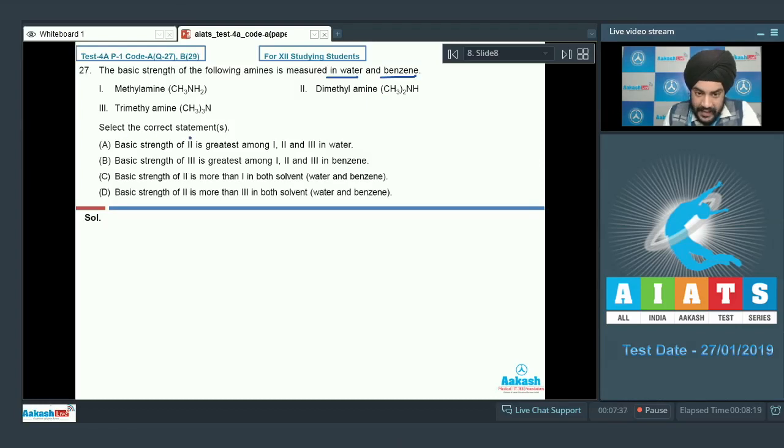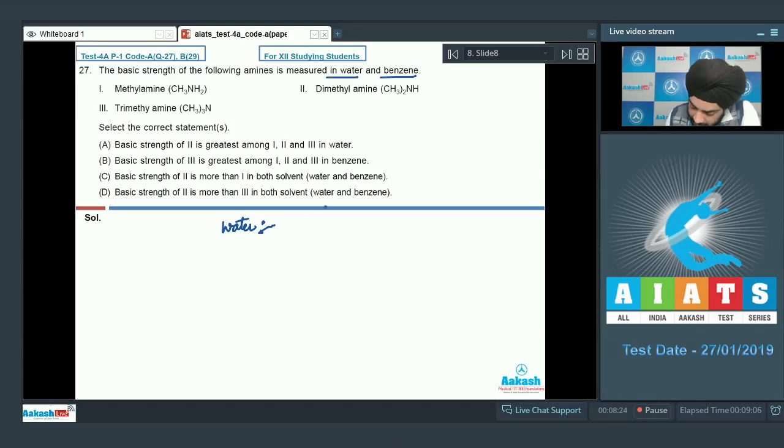We have to select the correct statements. We can probably first talk about the basic strength of these given amines in these solvents and then we can look at the options. So if we talk about the solvent water, in water hydrogen bonding will take place and due to that the basicity order will be affected.